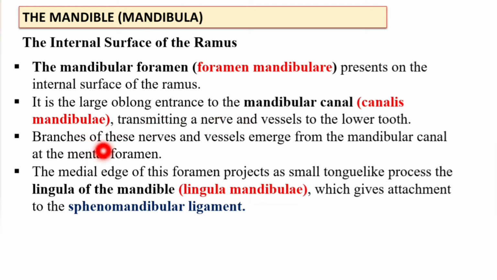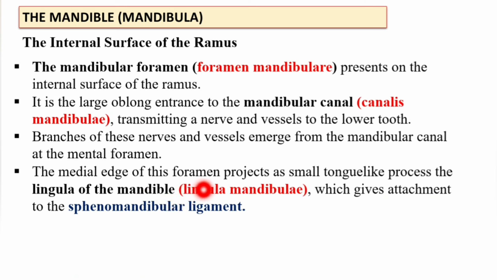The branches of these nerves and vessels emerge from the mandibular canal at the mental foramen. The medial edge of the mandibular foramen projects as a small tongue-like process called the lingula of the mandible.